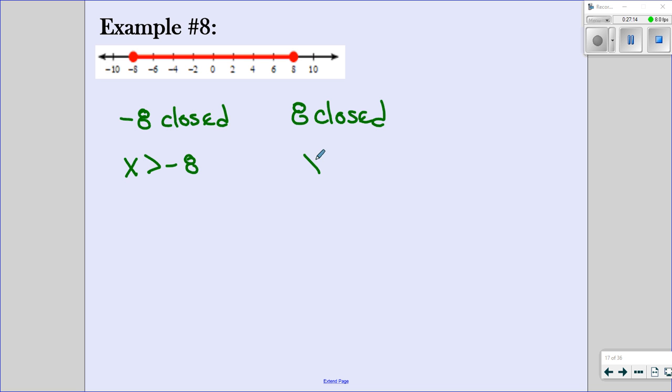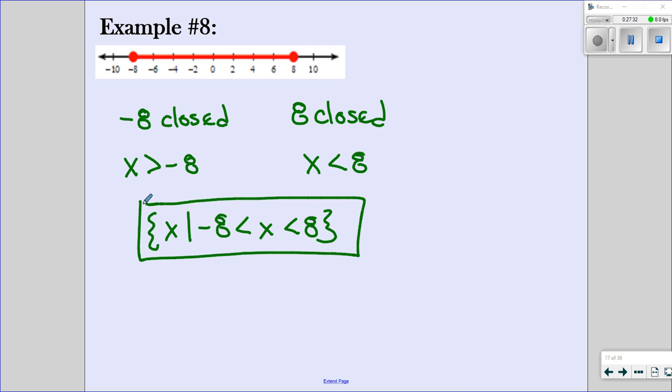So that means x will be less than 8. So now if I have to write the statement, it will be negative 8 less than x, which is less than 8. So always remember, this is the format for and, and the other one, or, will have the word or in it.